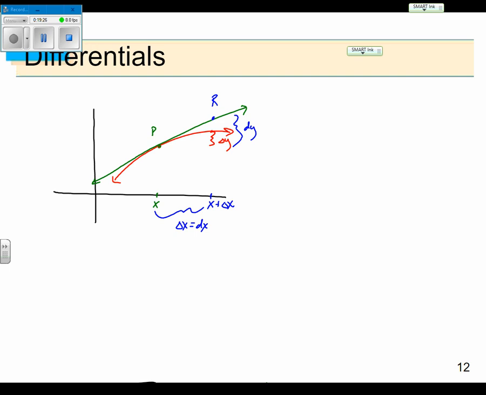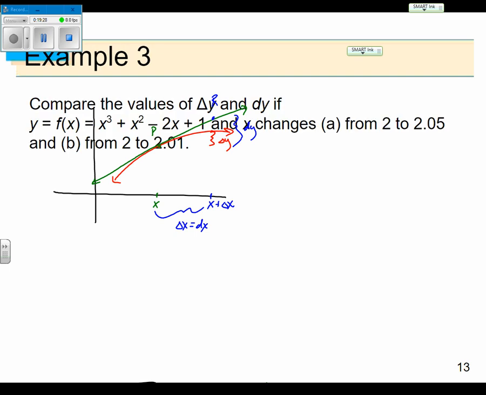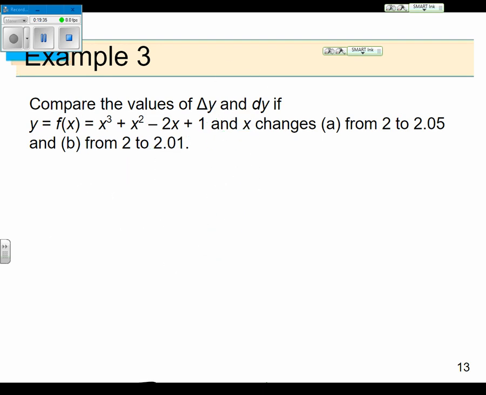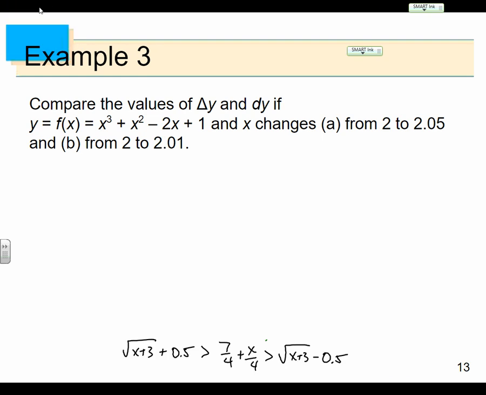All right, if that didn't make sense, we'll plug it into this equation and see if that will. I'm going to be comparing the values of dy and delta y.